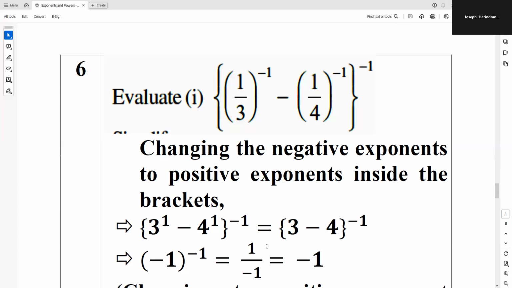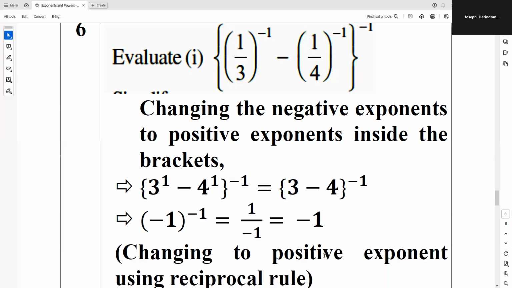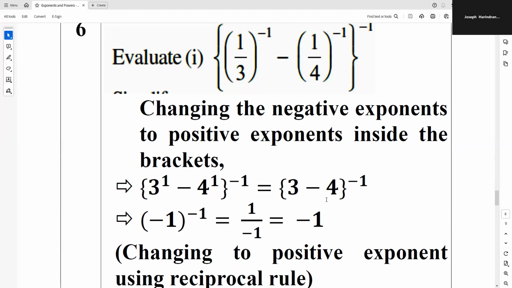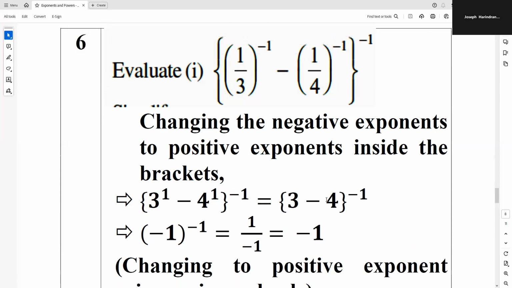The minus 1 raised to the power minus 1 is changed to a positive power by the reciprocal. It becomes 1 by (minus 1) raised to the power 1, which is nothing but minus 1 itself. The answer is minus 1. This is the answer for the first subdivision of the sixth question.